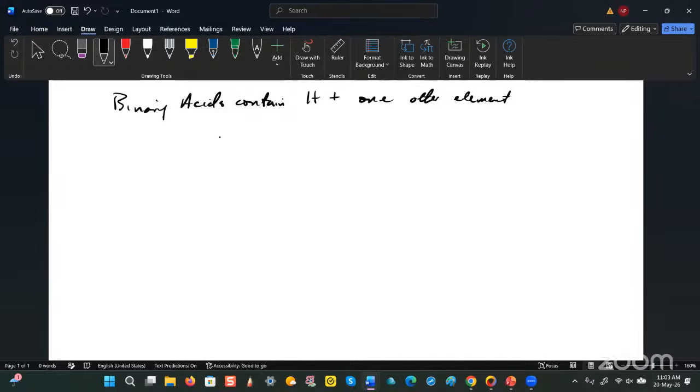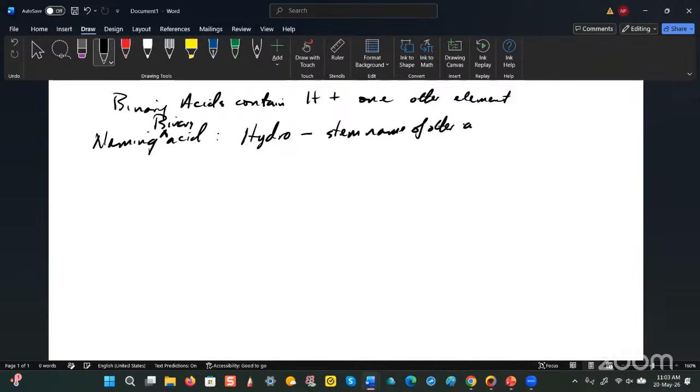So the way we name these acids, I'm just going to write down the rule first, and then I'm going to go into some examples. So in terms of naming binary acids, we start off with hydro, then the stem of the name of the other atom, and then IDE.